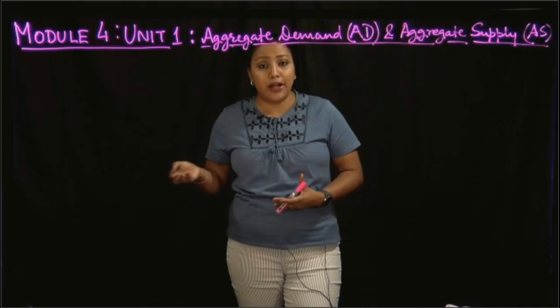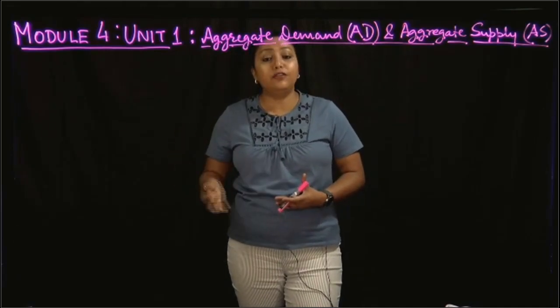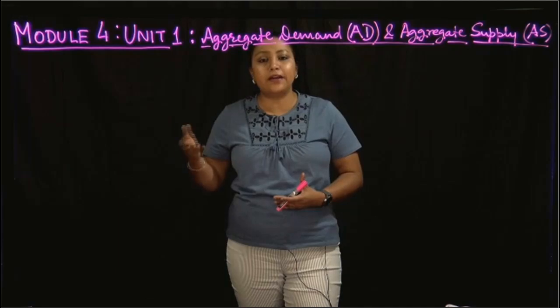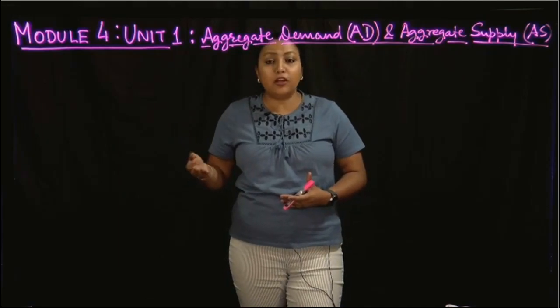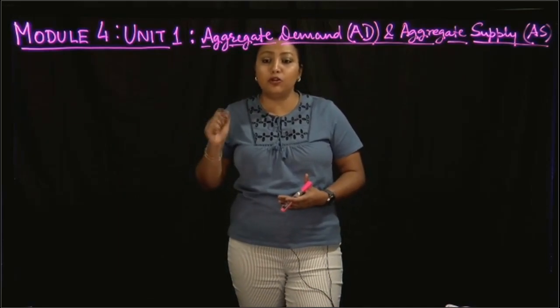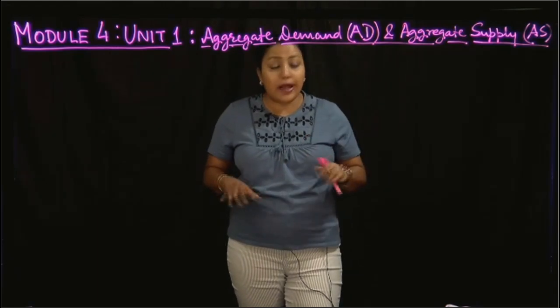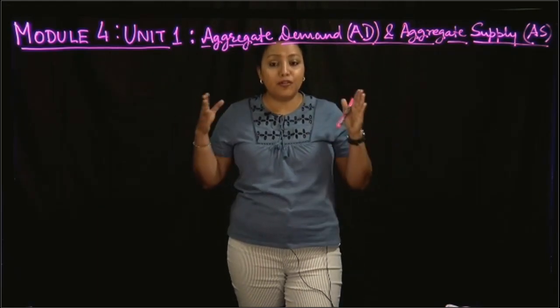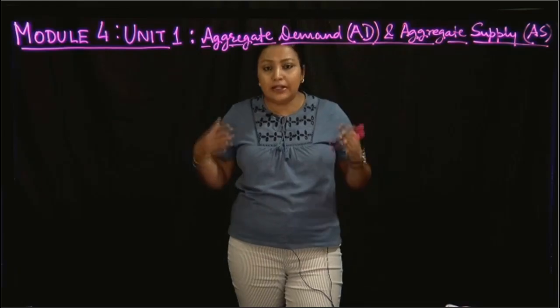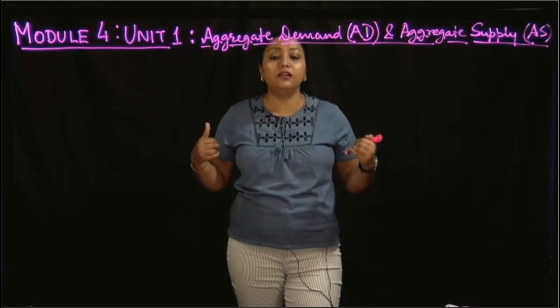Instead I have to find some indicator of the average or aggregate prices in the economy, because I cannot cherry pick one. I cannot say I'm going to look at the price of apples or the price of steel.